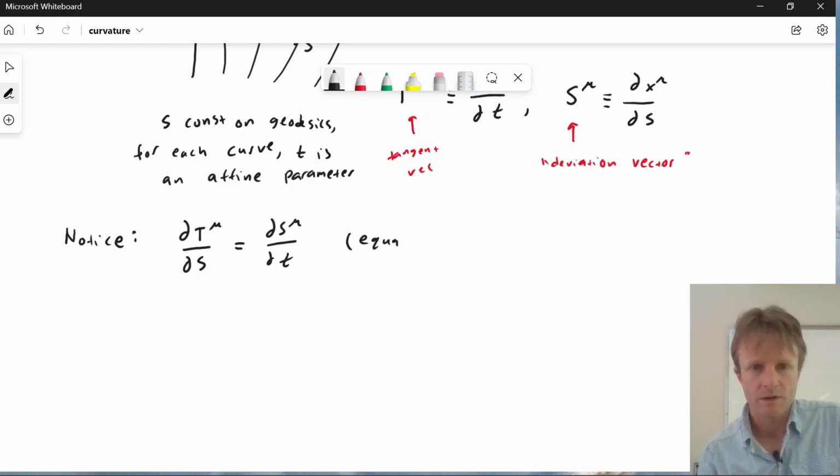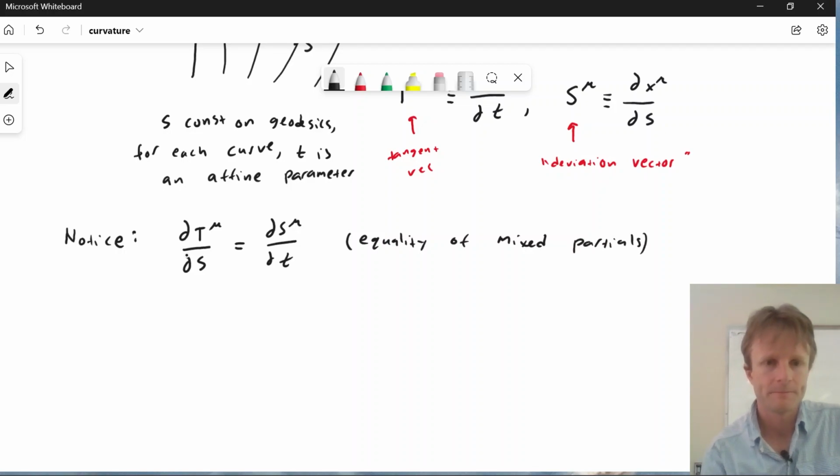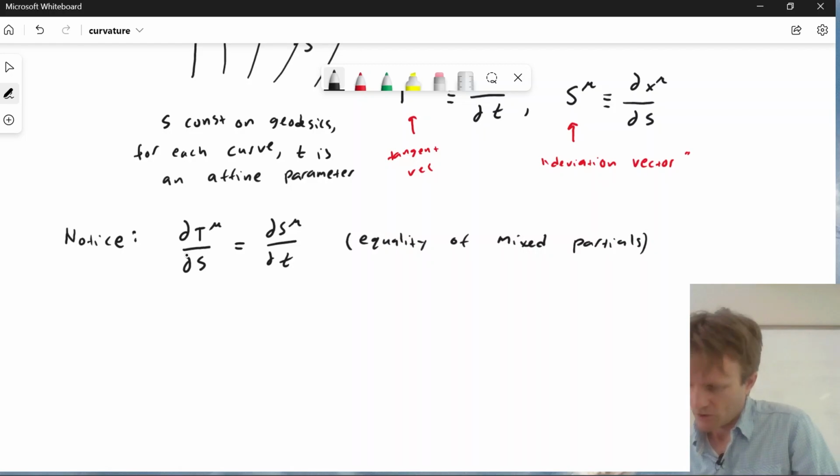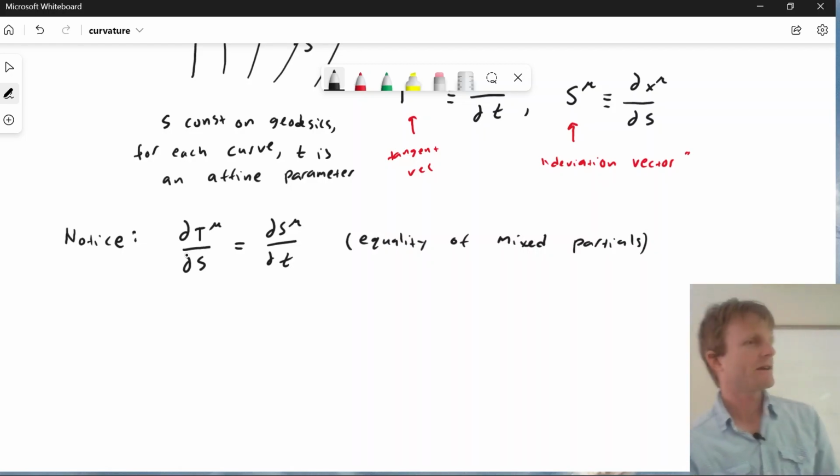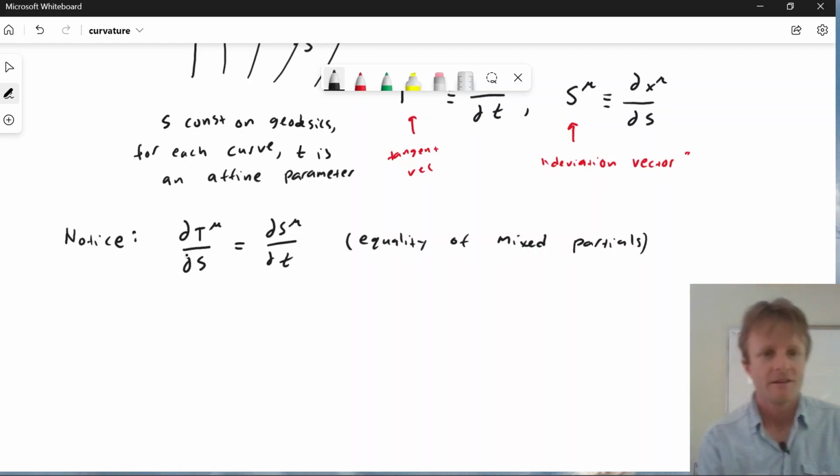So by equality of mixed partials, that'll be a good place to start. And then as usual, we make things covariant, so that we'll end up with a nice covariant equation. So let's do that in 2 steps.